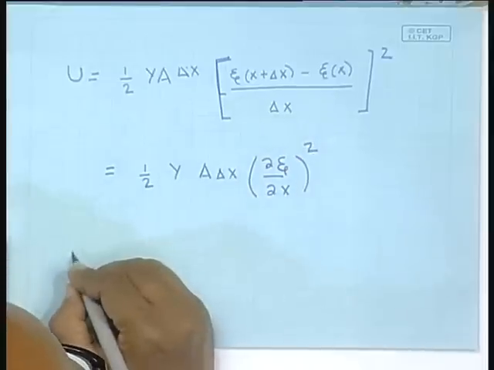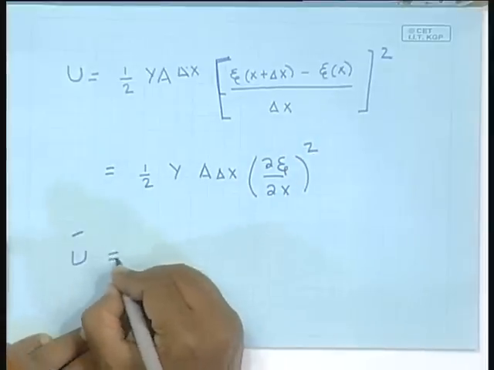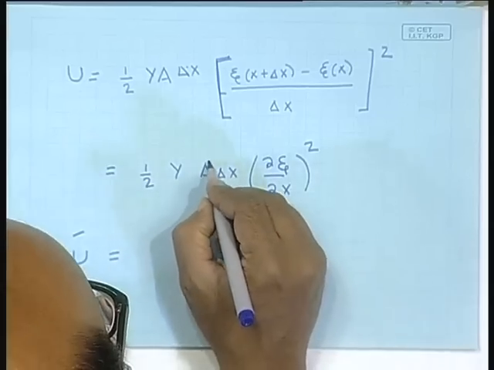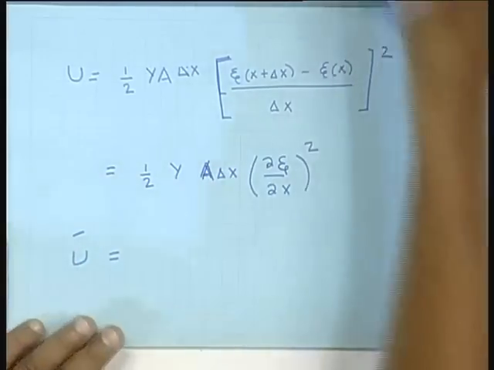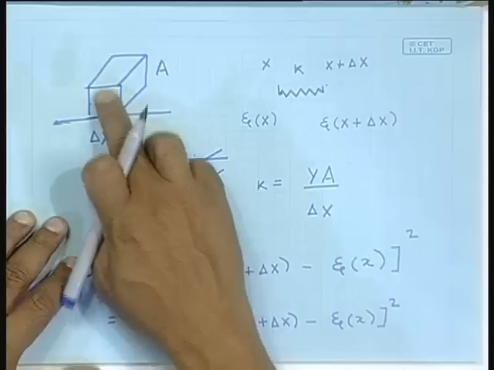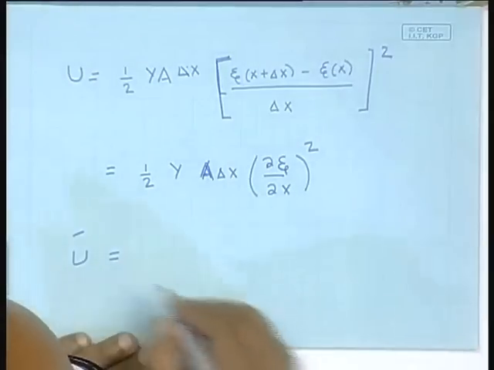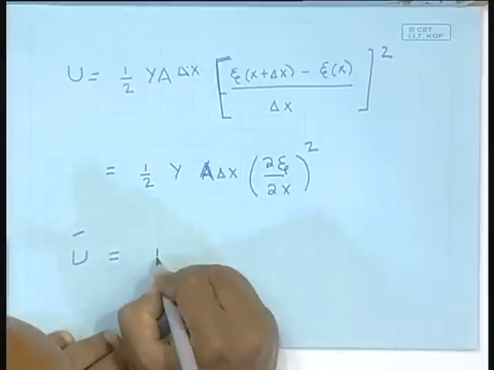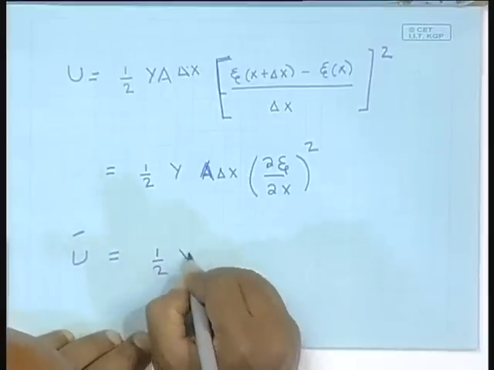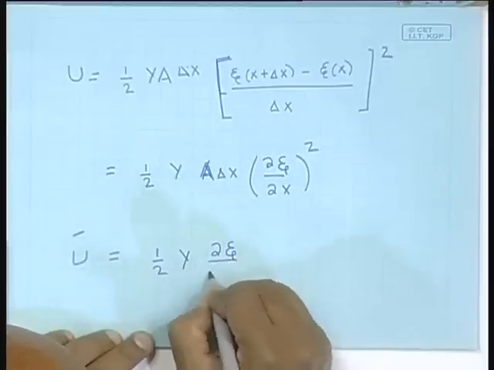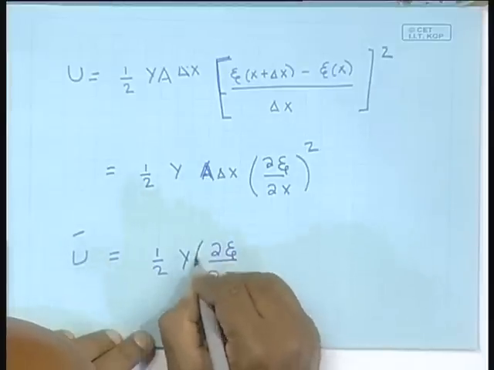So the potential energy per unit volume: the volume of this mass element is A into delta x, so I divide out the volume, and what we get is the potential energy per unit volume is half Y (del xi/del x) squared.